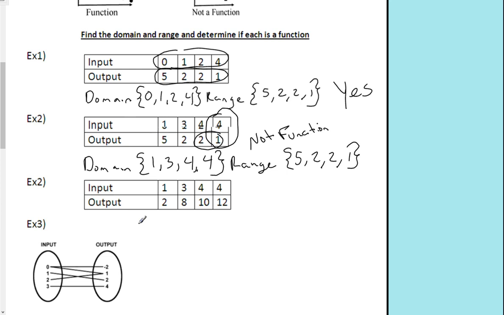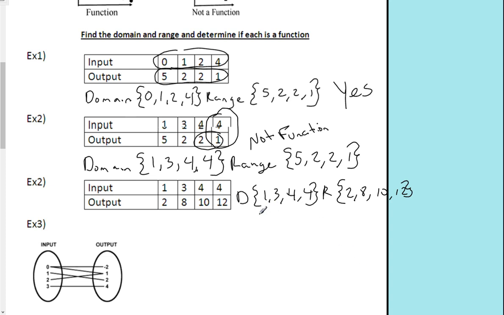All right. Next example. The domain, I'm just going to abbreviate it now. The domain is 1, 3, 4, 4. The range is 2, 8, 10, 12, right?